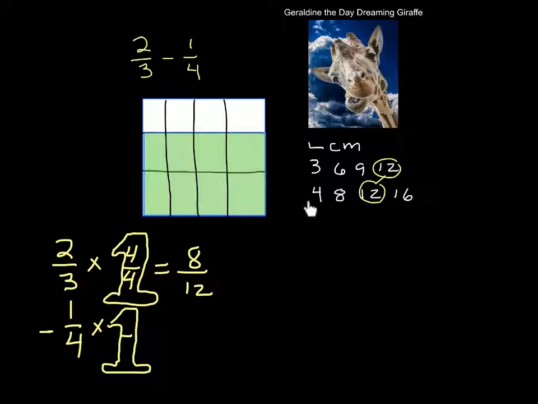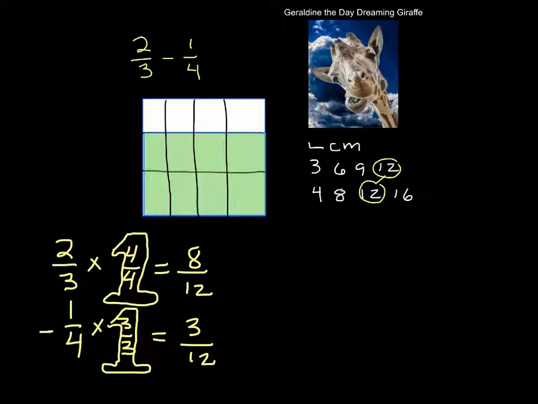And I'm going to multiply by 1, 2, 3. So 3 over 3. And here I have 1 times 3 will give me 3. And then down here, 4 times 3 will give me 12. So I'm going to write the 12 right there.